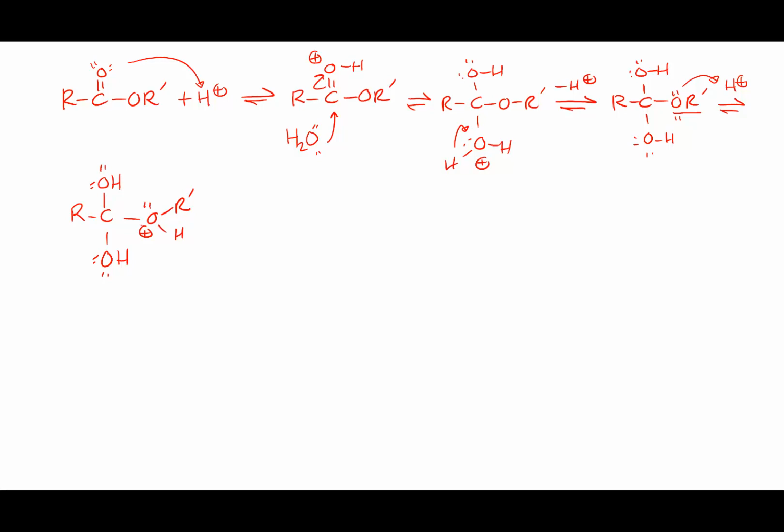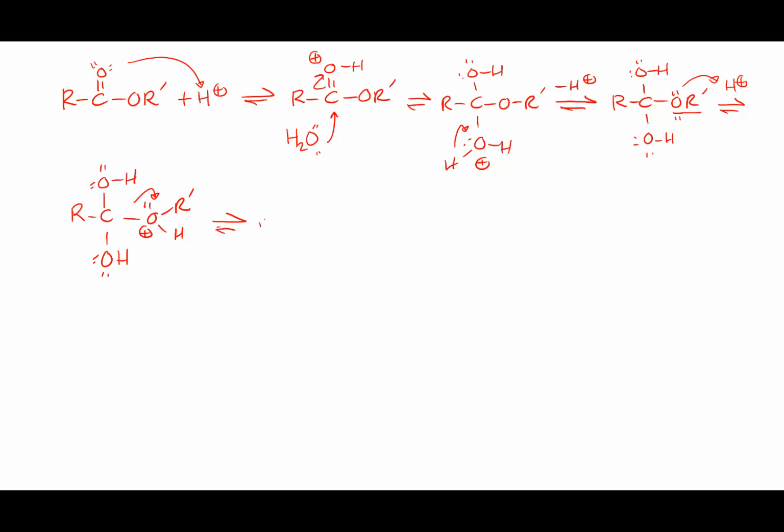So now I have my oxonium ion, and again, this is one of these places where we have 2 possible mechanisms. We could lose the oxonium ion group and form the carbocation, which I'll show again to remind you of this.